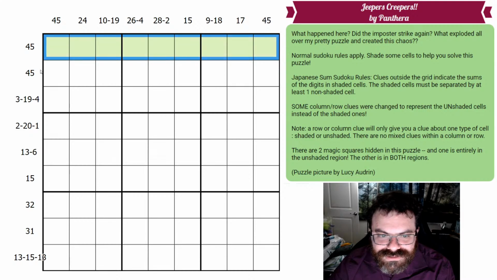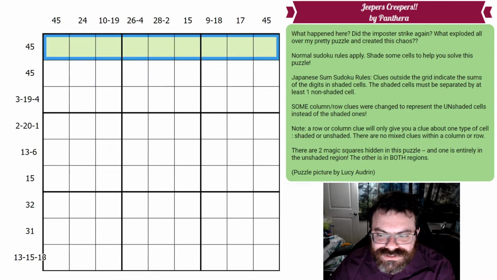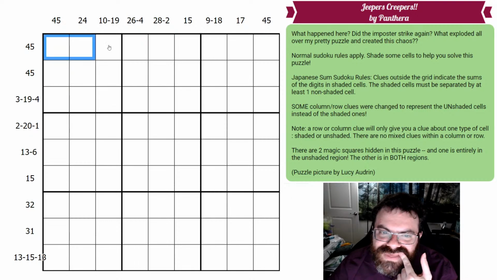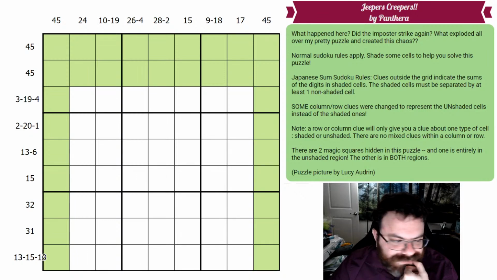So we'll just pick a color for these. Wait, how does this work? They have to be the same color, actually, because of this 45. And then that's the same color as well. And that's the same color.